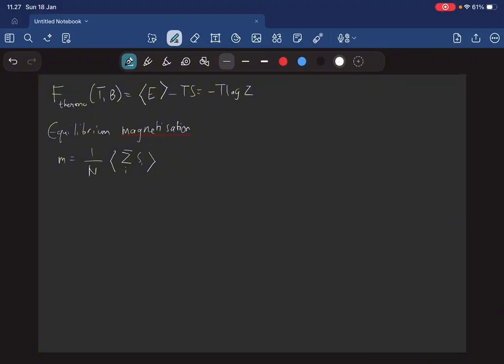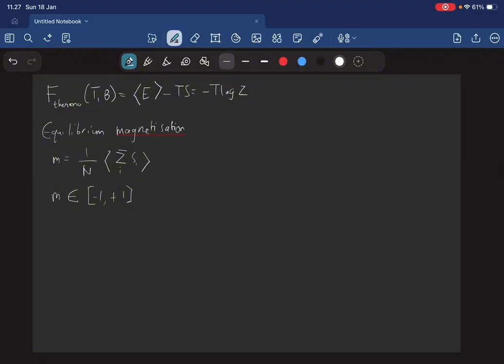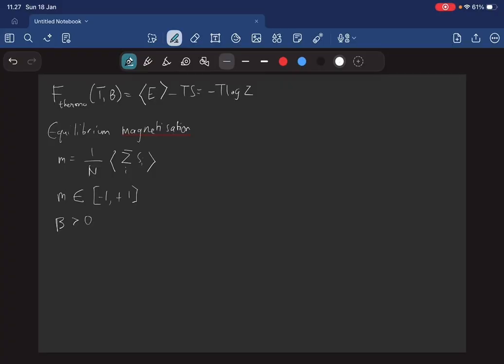This takes values in the range minus 1 to plus 1. From our discussion above, we would expect that for B larger than 0, M reaches plus 1 at low temperatures where the spins are ordered, and M approaches 0 at high temperatures where the spins are arranged randomly. So this one is low temperatures.